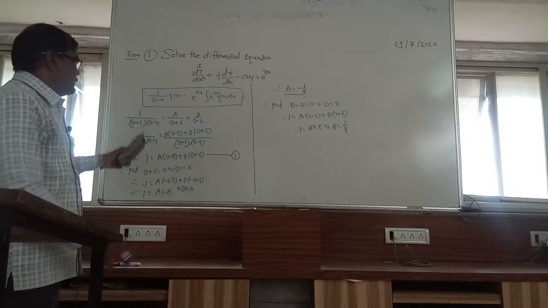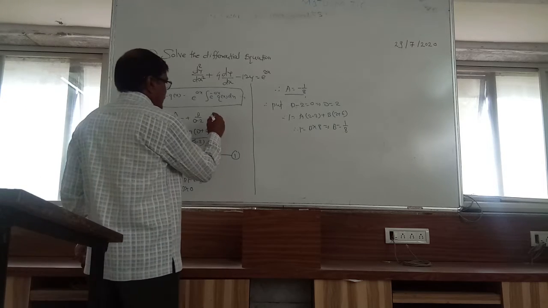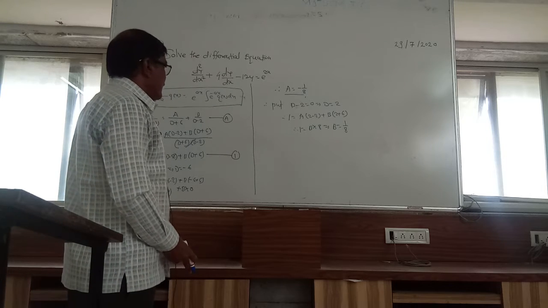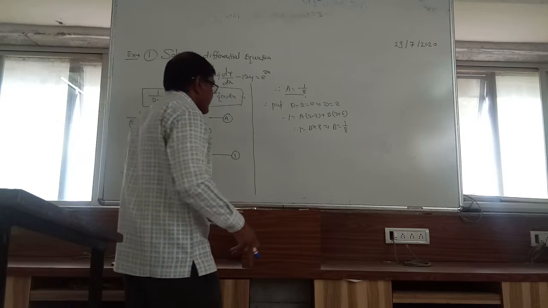So we substitute the values of A and B in equation 1, and this is the operator on the function e raised to 2x.